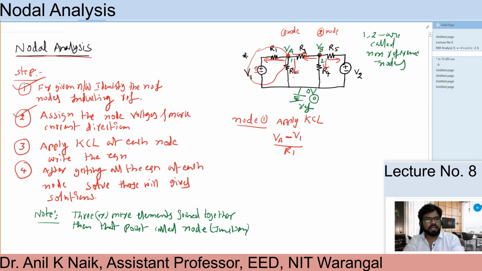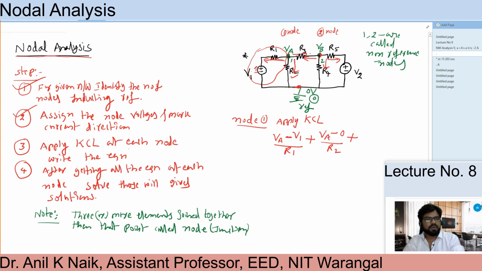Now come to this branch. What are we going to write? I can write plus VA minus, what is the voltage at this point? 0. So 0 by R2. This is also one current, plus.